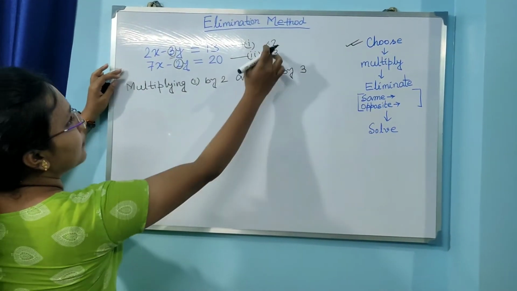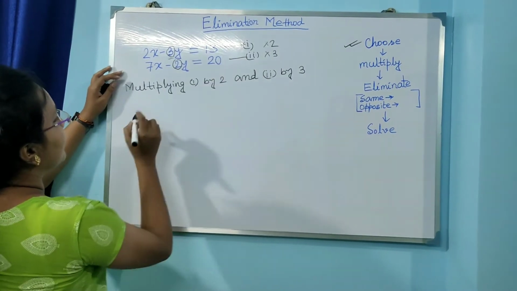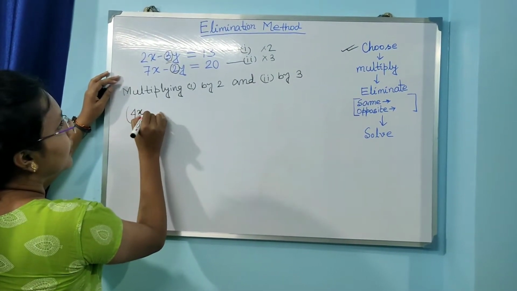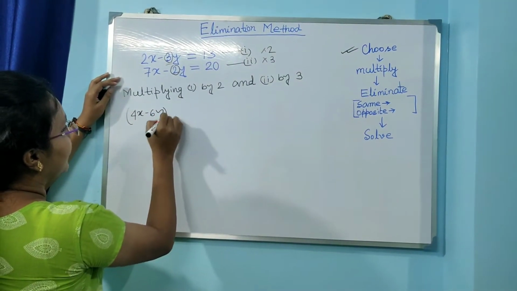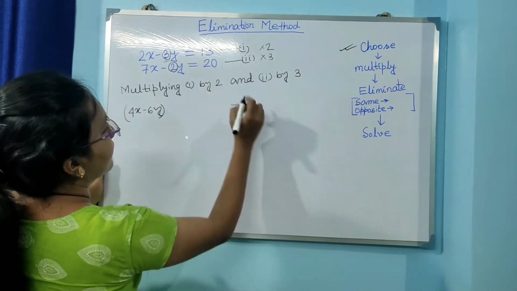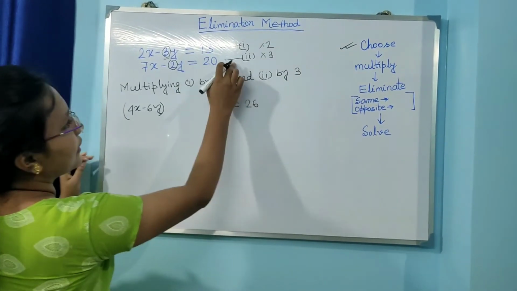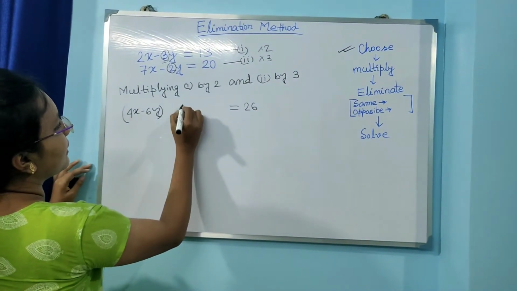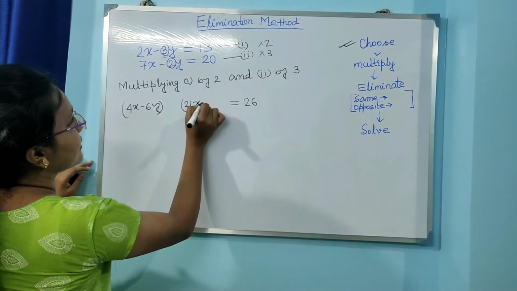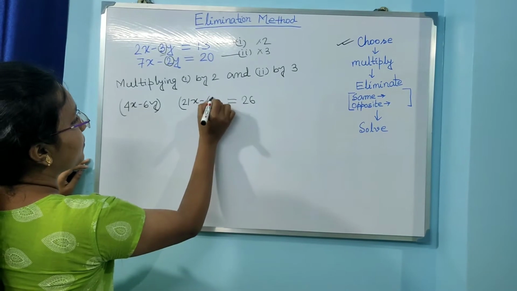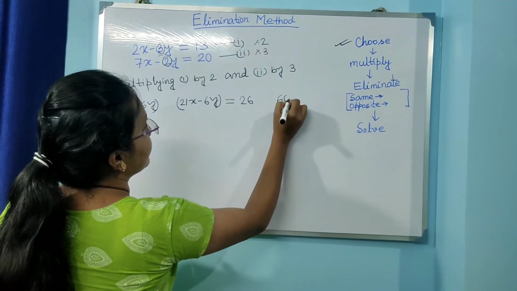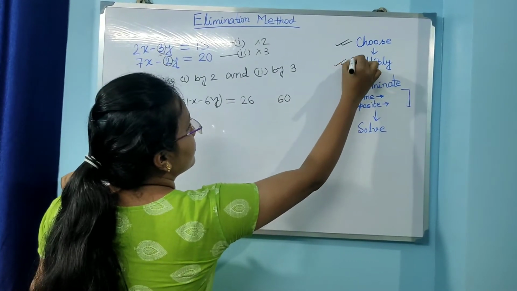If we multiply equation 1 by 2, it will become 4x minus 6y equals 26, because 2 into 13 is 26. And equation 2 by 3, it will become 3 sevens are 21x minus 3 twos are 6y, equals 3 into 20, which is 60. Now this step is also complete.